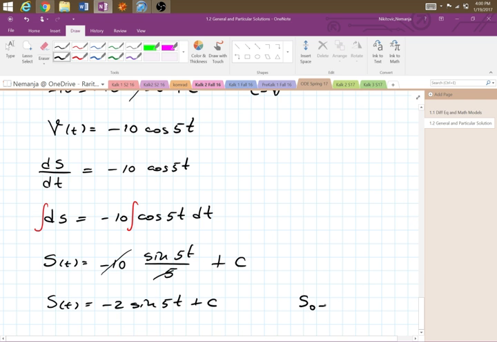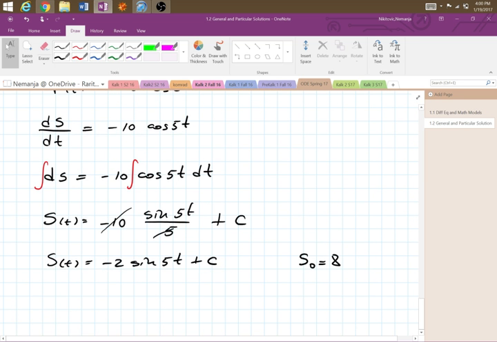Then we have s0 is equal to a number, 8. We plug that in, so 8 is equal to negative 2 times sine of 0. And how much is sine of 0? Yeah. So c is 8.